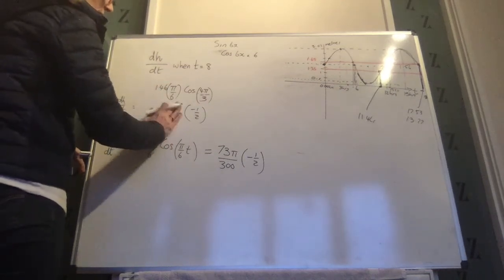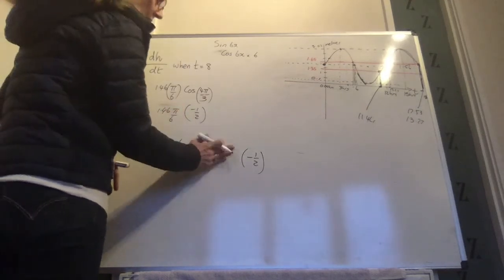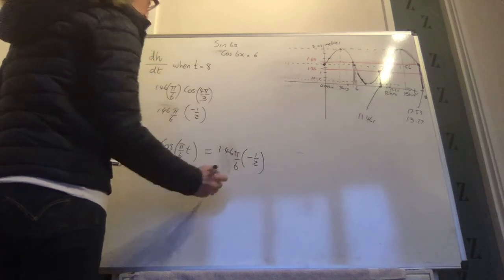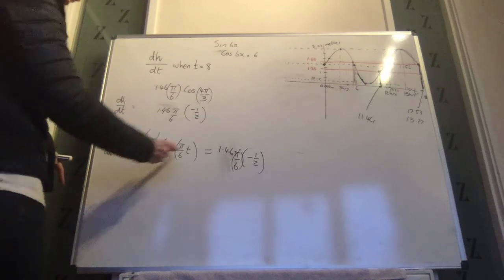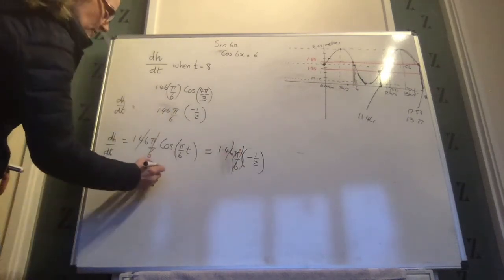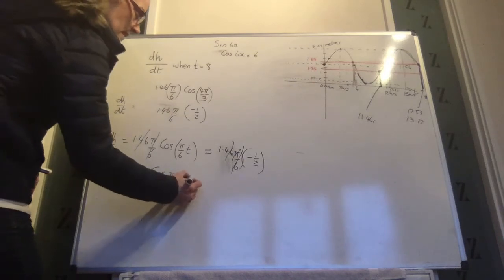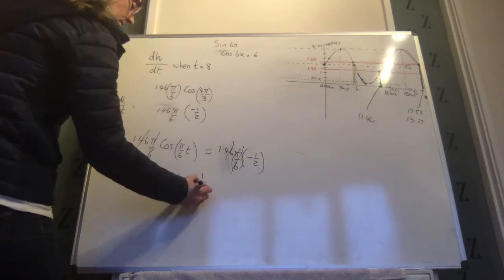We could just leave that as 1.46 times pi over 6, because now we can divide both sides by that. So what we're really saying is, when is cosine of pi over 6t equal to minus a half?